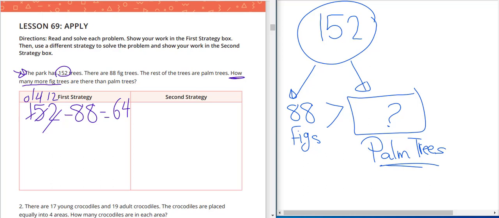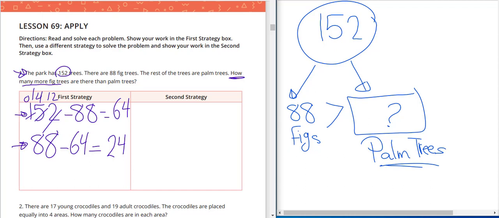Now we go to the next step. How many more? So greater minus smaller, 88 minus 64. 8 minus 4 equals 4, and 8 minus 6 equals 2. This is the first strategy we used.